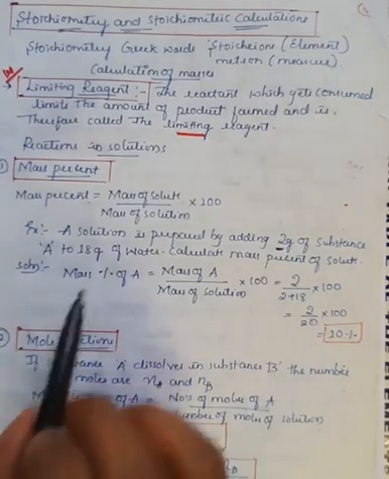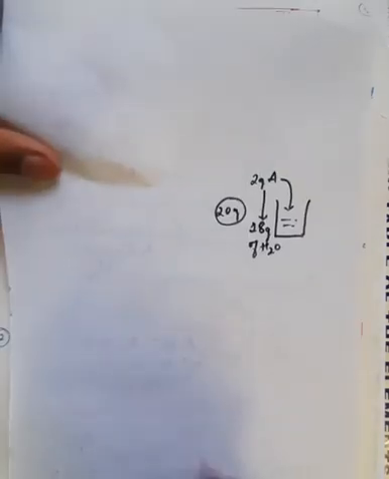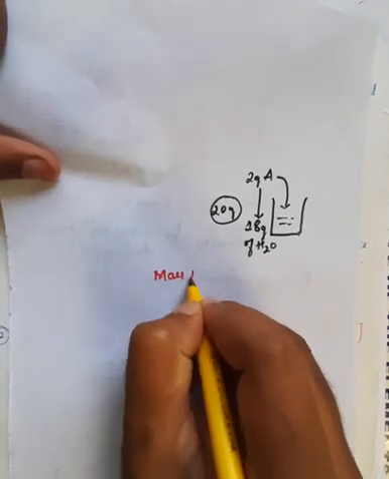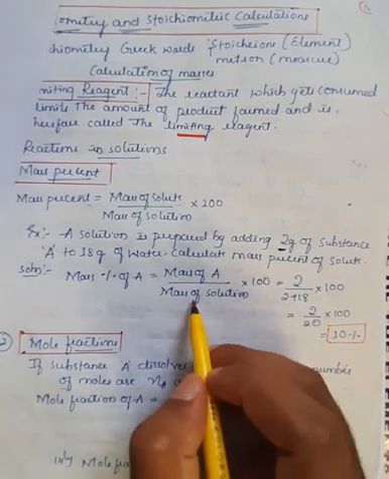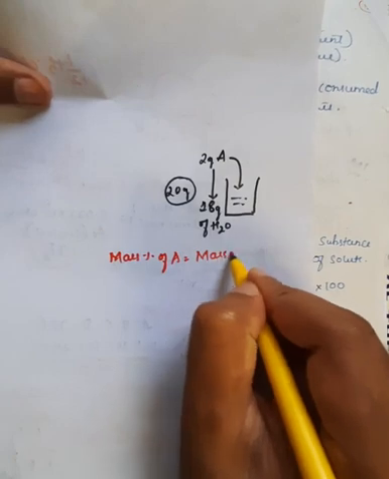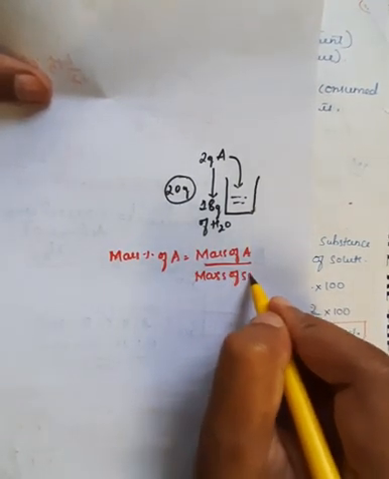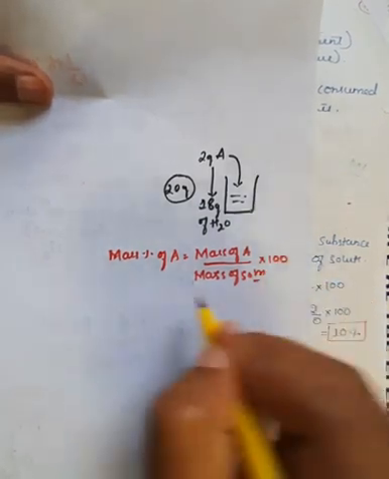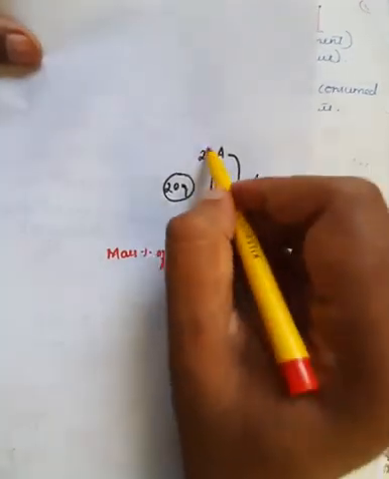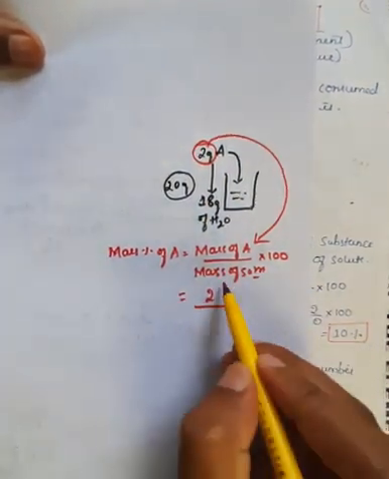We have to calculate the mass percentage of A. The mass percent of A is equal to mass of A divided by mass of solution into 100. The mass of A is given, that is 2 grams, so I substitute 2 grams divided by mass of solution.